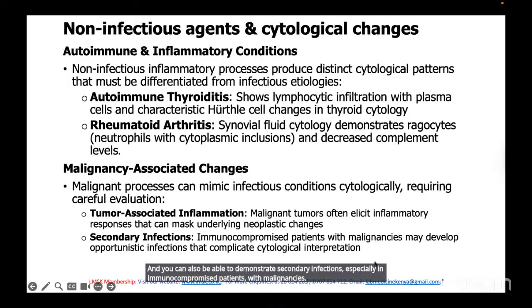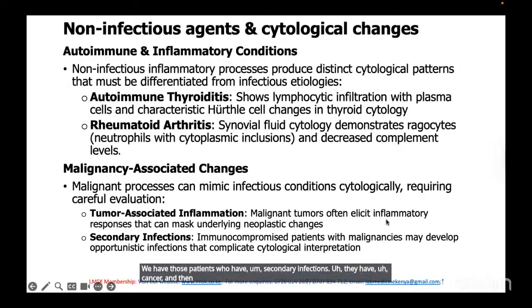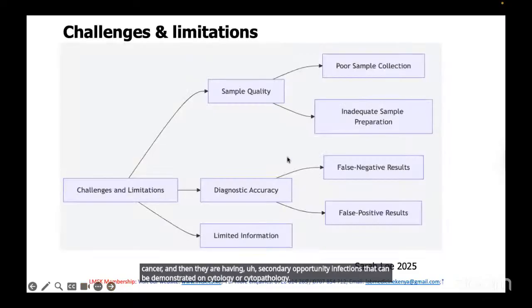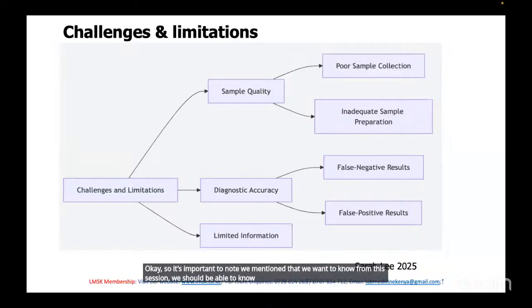They have cancer, and then they have secondary opportunistic infections that can be demonstrated on cytology or cytopathology. Okay, it's important to note that we mentioned we want to know from this session that we also have strengths and challenges.